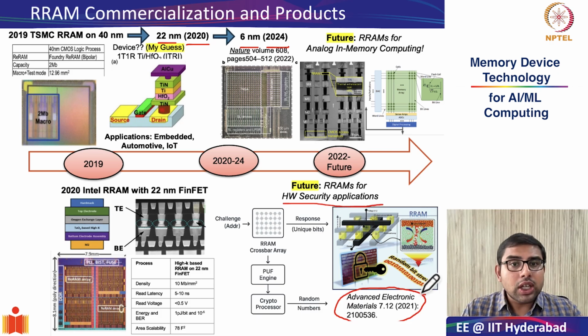And the promise is that by using analog computing, you will be able to drastically reduce the power consumption for running AI/ML algorithms. But this we will discuss in the last part of our course. So stay tuned for that.